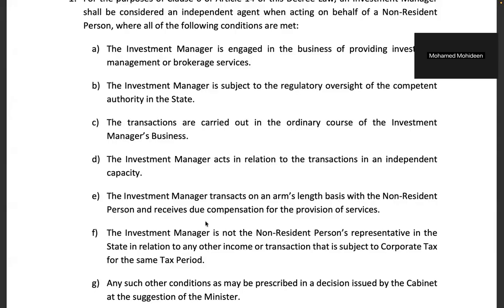There are so many different categories of investment management provided there. A dozen different categories, tiers and categories.